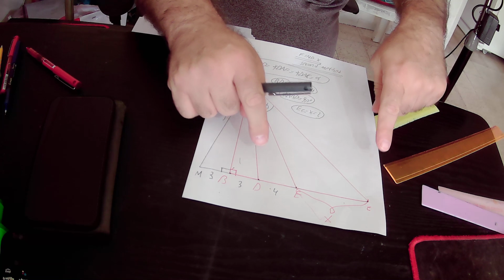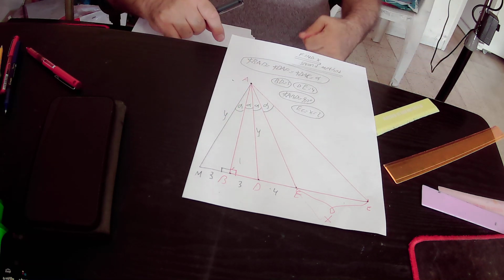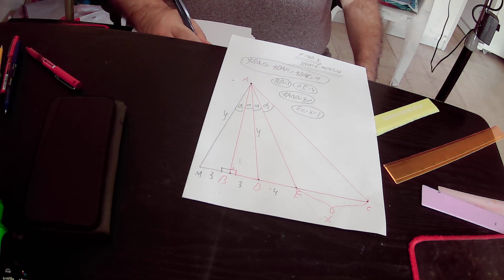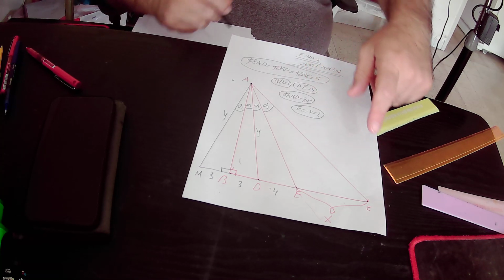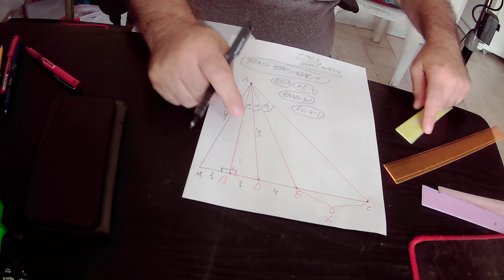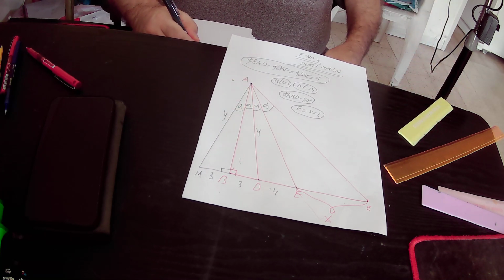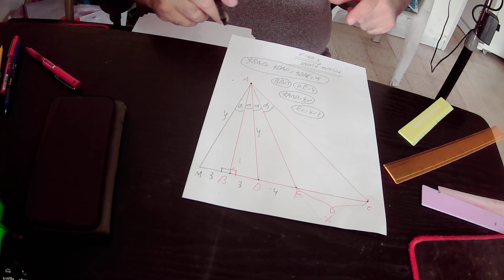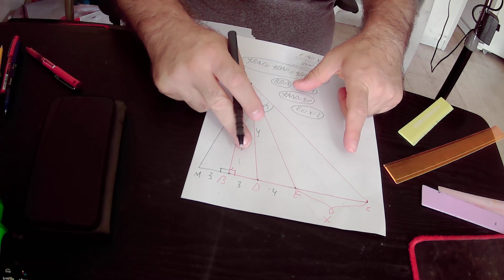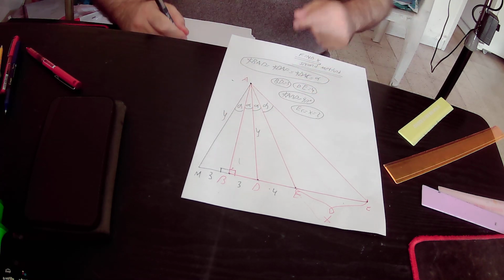DC in a ratio of DE over EC. That is the ratio in which angle bisector AE divides DC, and that ratio equals the ratio between the angle legs, which is AD over AC.